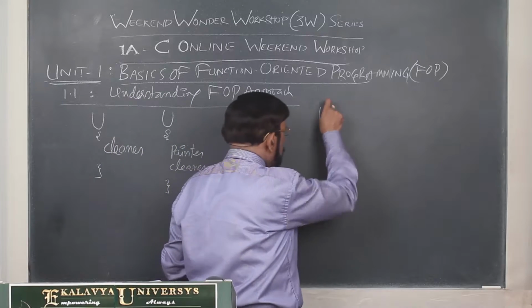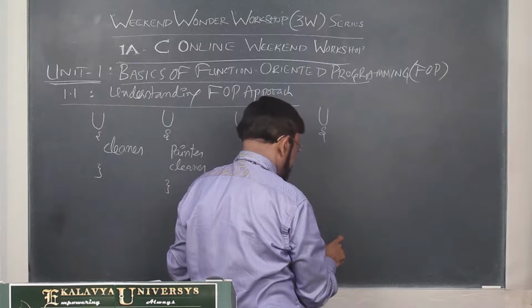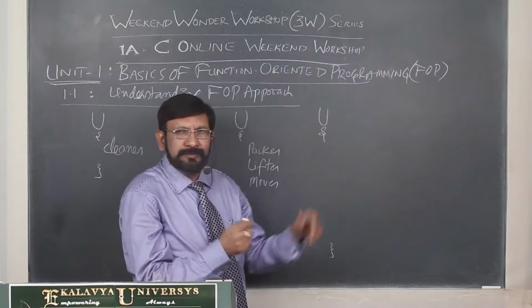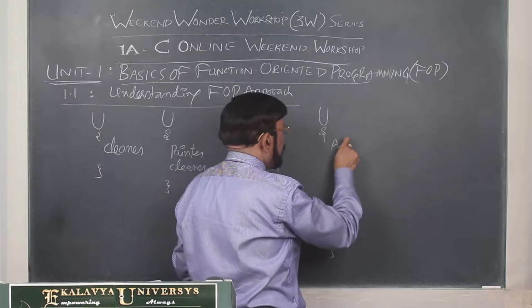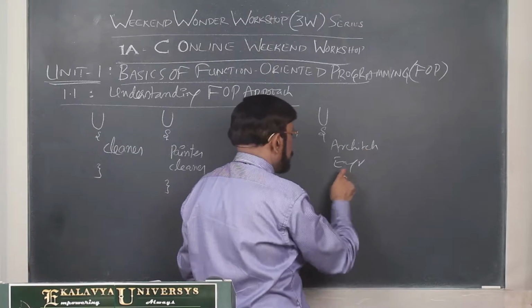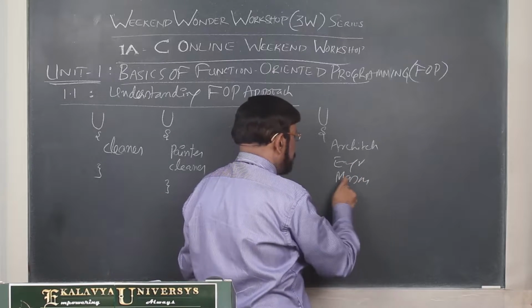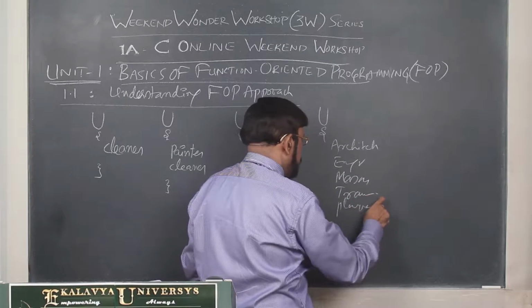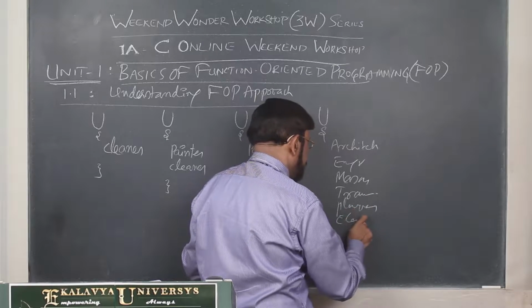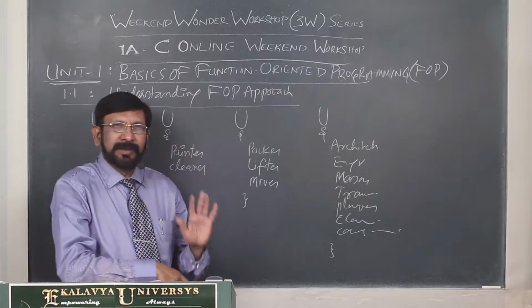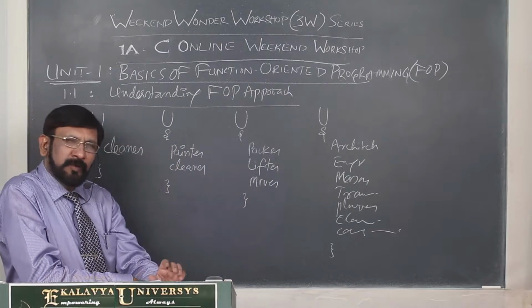Next, you want to get your house constructed. Then you appoint a big set of specialists: architect, engineer, mason, transporter, plumber, electrician, carpenter, etc. This is the real life model.